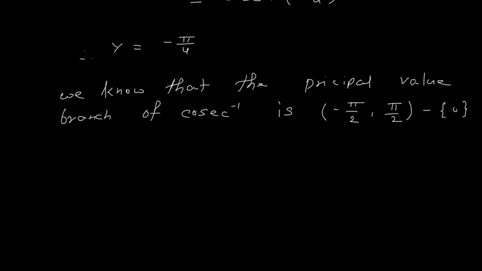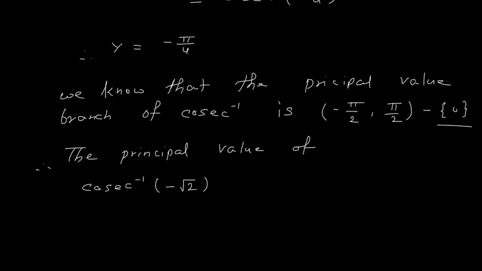So already we are not considering 0. Therefore, the principal value of cosec inverse minus root 2 is minus pi by 4.